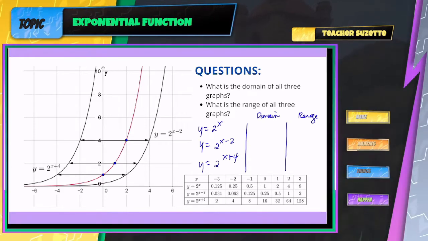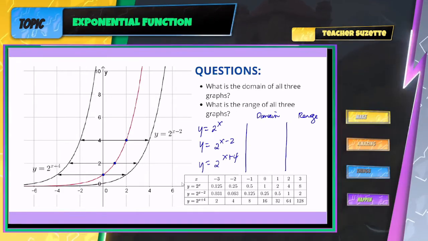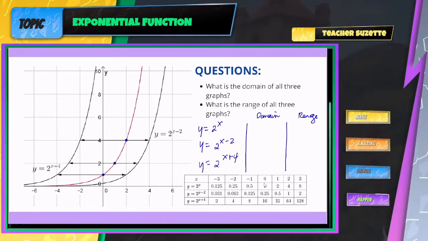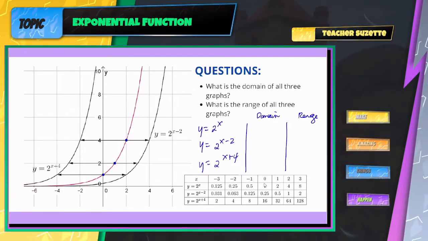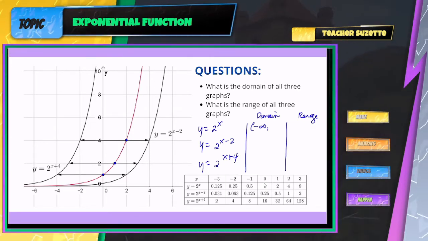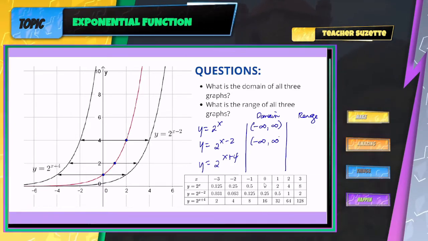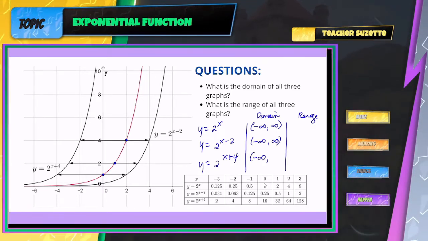Next, let's have the domain and range of all three graphs. So again, obviously, from our graph, the domain of the following graphs is the set of real numbers. So we have negative infinity, comma, positive infinity.